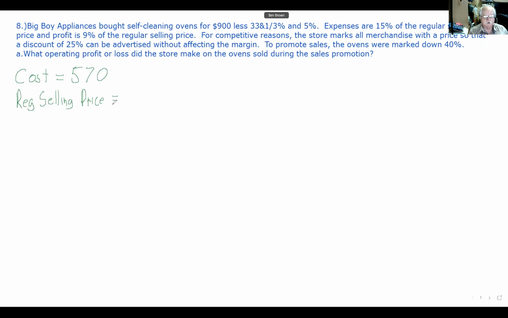So we got one regular selling price. Now we just have to see if four other people come up with the same. We got two, three, four. We're getting there.